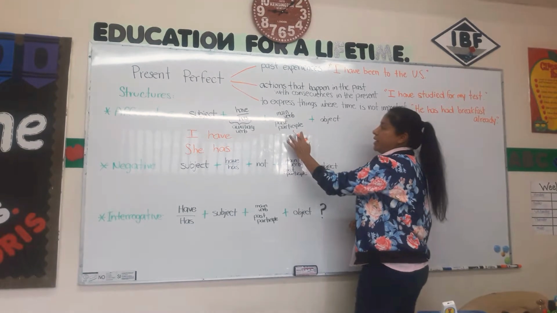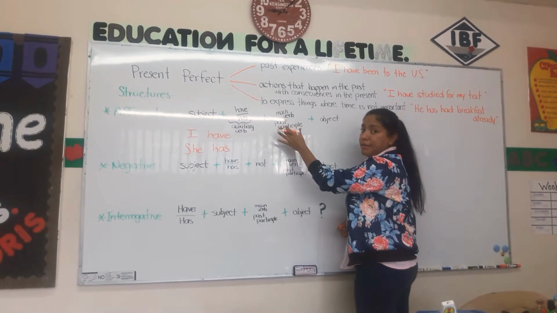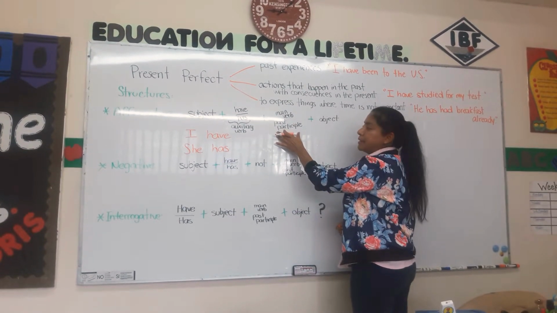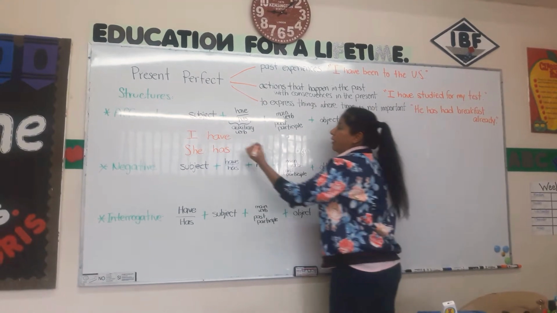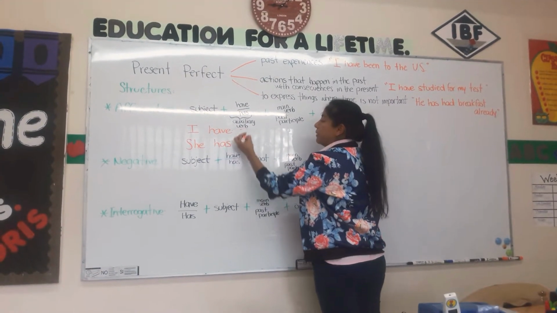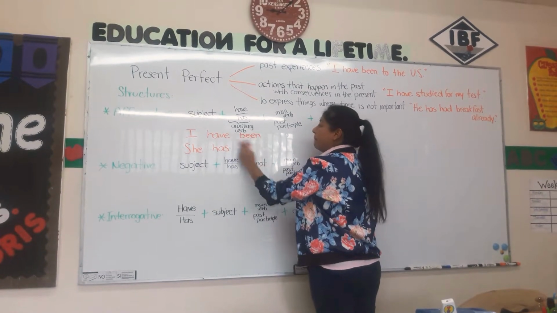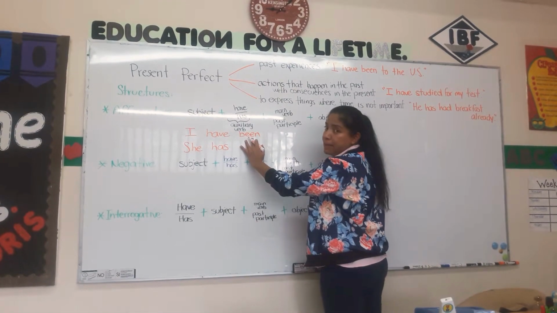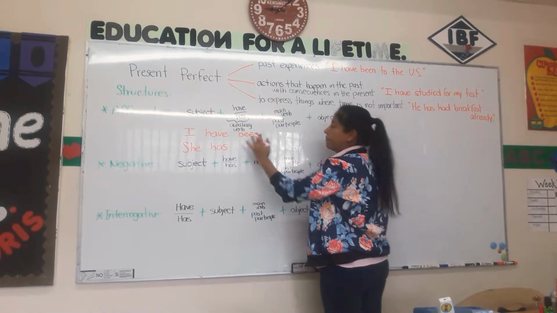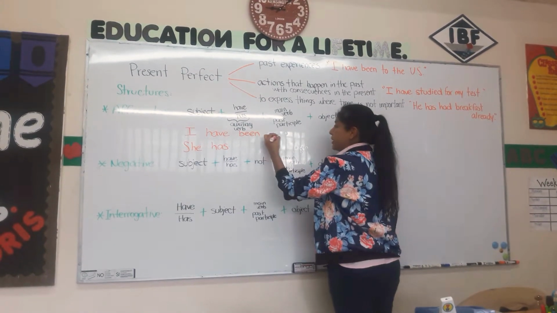And then, what do we need? A main verb. But this main verb is in past participle. For example, we have I have been. It's the past participle of the verb to be.